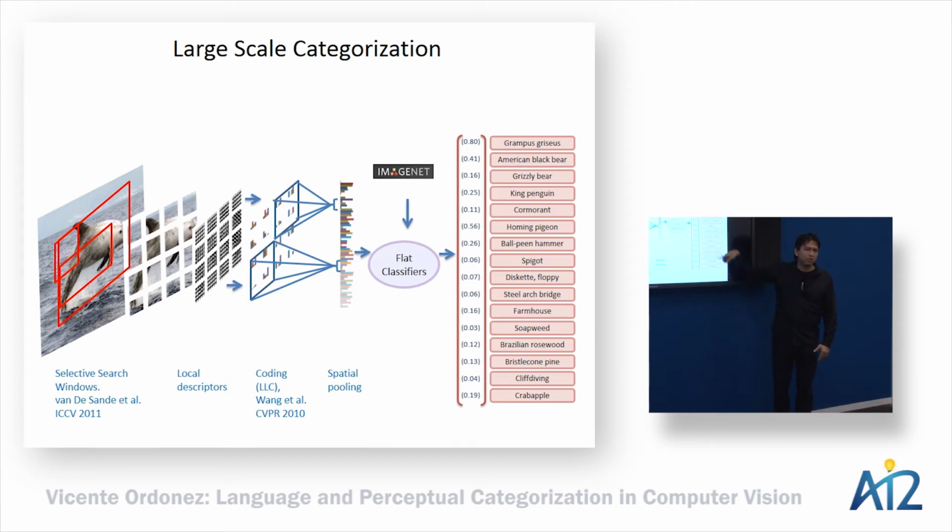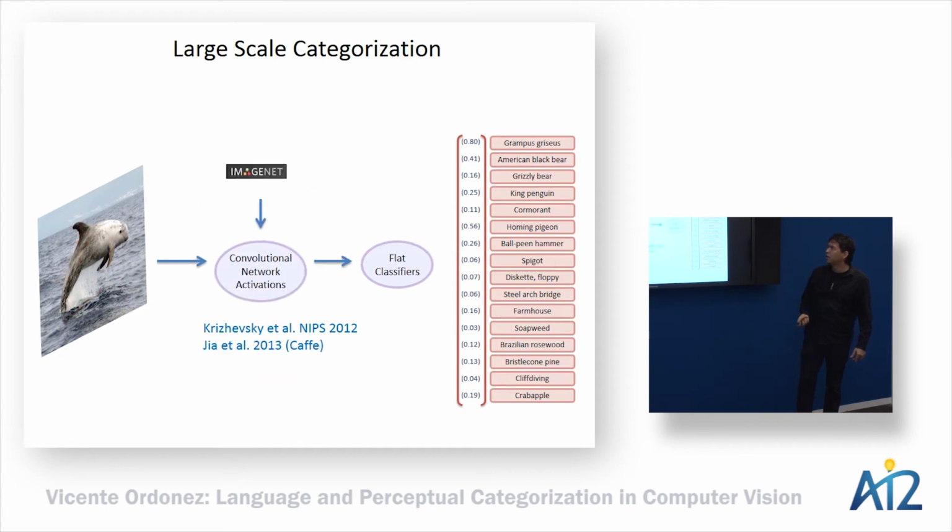We used around 7,000 categories at the finer level on the ImageNet hierarchy, which is a subset of the WordNet hierarchy. So these are very detailed concepts. And more recently, we have replaced this whole pipeline with more powerful representations using convolutional networks. But at the end, you get the same thing: more than 7,000 predictions for various very detailed categories.